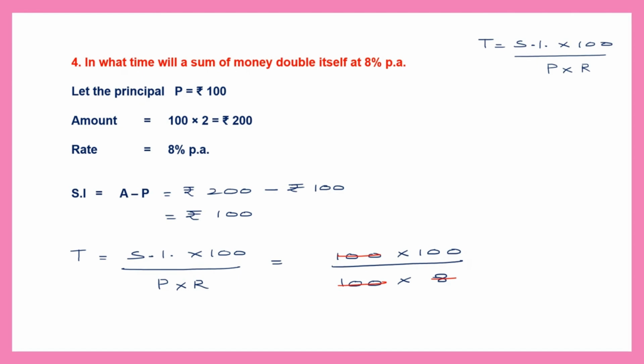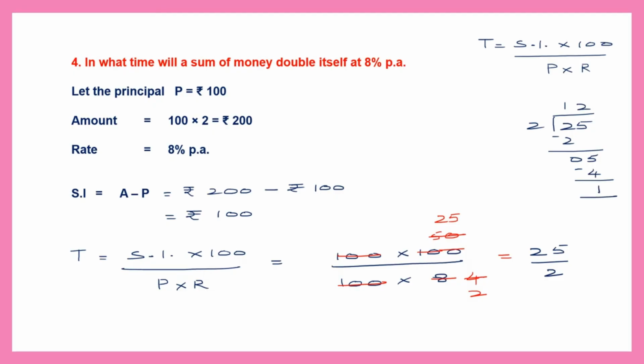Let's divide. 2 4s are 8. 2 5s are 10, 50. Again we can use 2. 2 2s are 4. 2 into what is 50? 25. So here what do we have? We have 25 by 2, which is an improper fraction. We'll convert it to a mixed number. Divide 25 by 2. 2 1s are 2, minus, 5. 2 2s are 4, minus, we have 1.